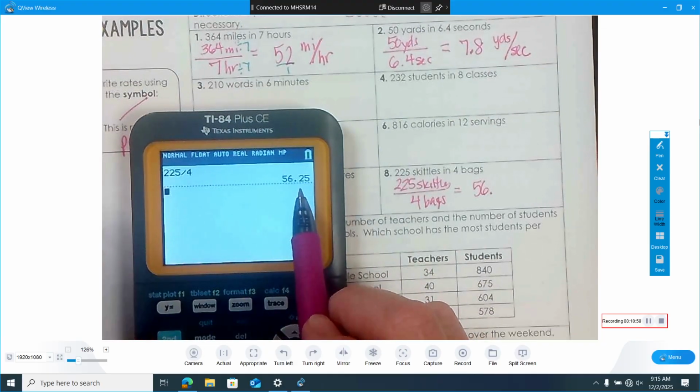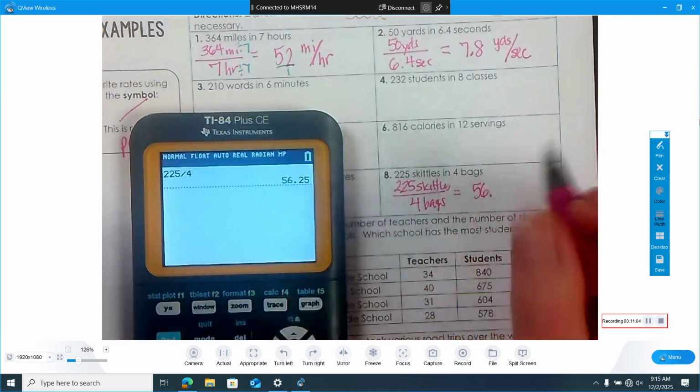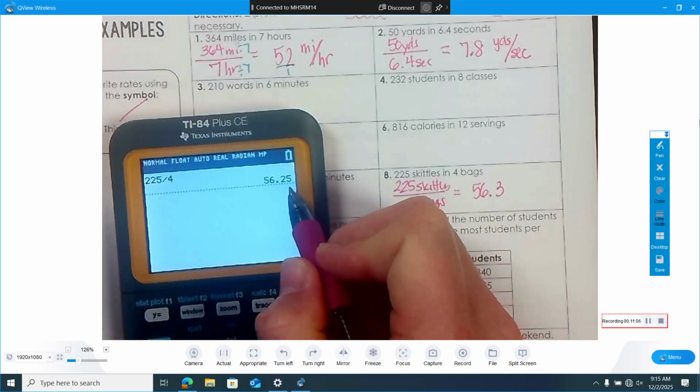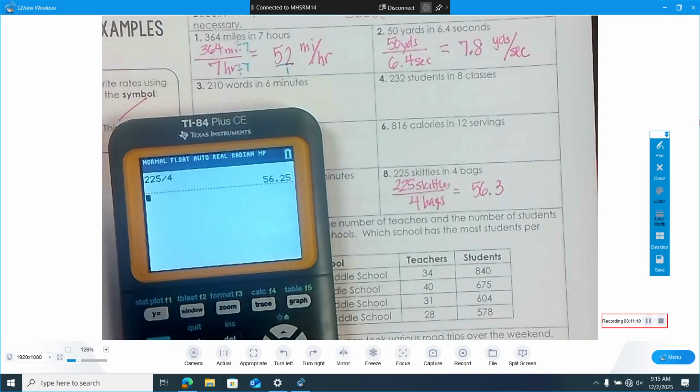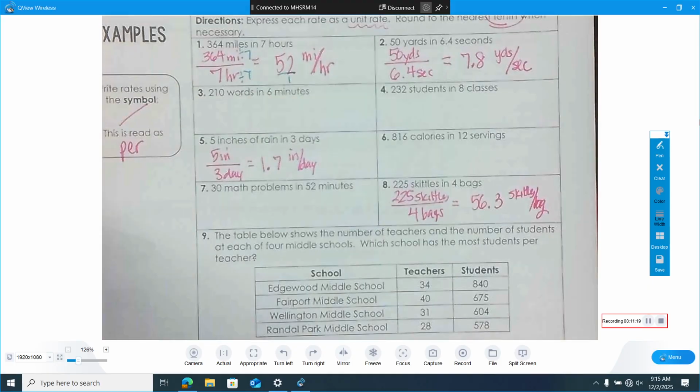The question is, is it a 2 or does the 2 increase to a 3? It becomes a 3 based on the 5 next door. The next door neighbor tells you to increase your tens place. And this would be 56.3 Skittles per bag. And that's actually true, having done a Skittles lab before. That's pretty true. Okay. All right, very good.